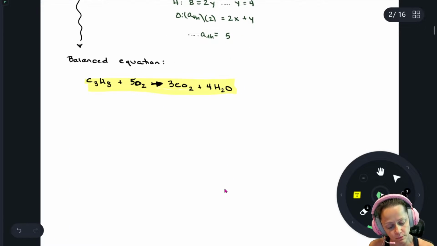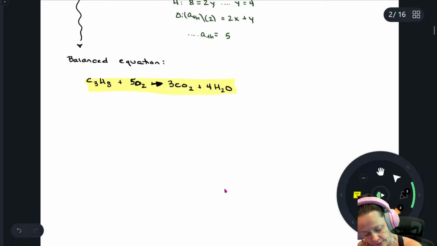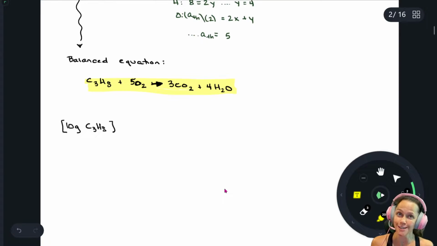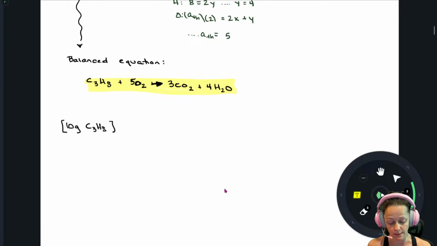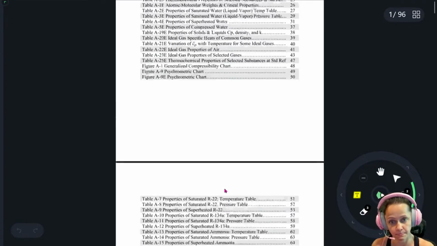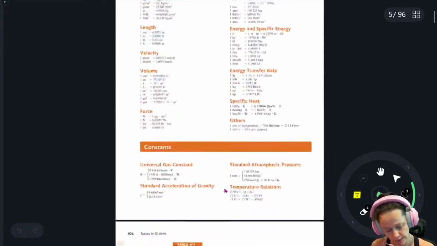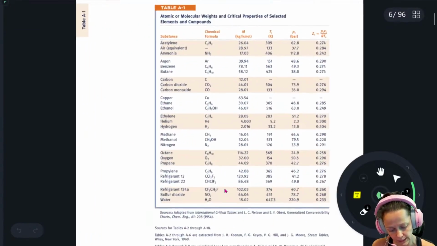So all right, so I have 10 grams of C3H8. And remember, my magic number to go between mass and moles is going to be my molar mass. So let's go look up my molar mass. This is going to be in table A1.